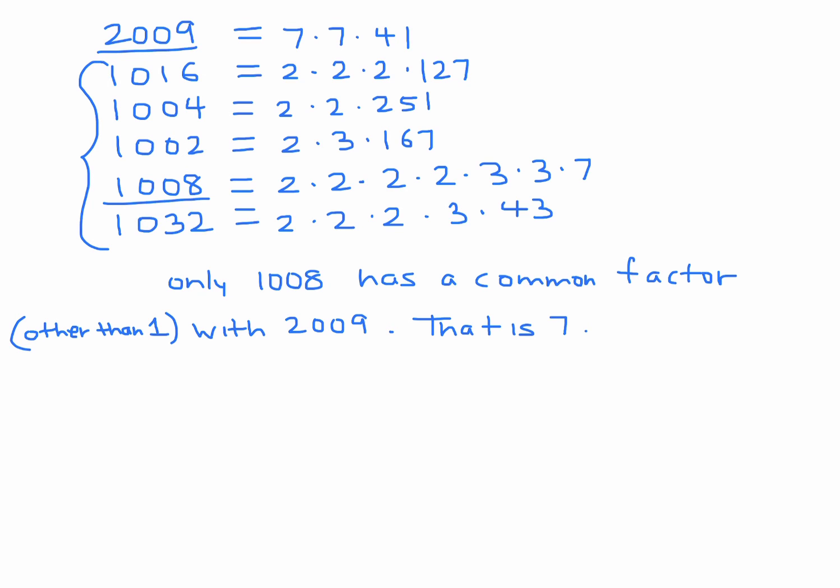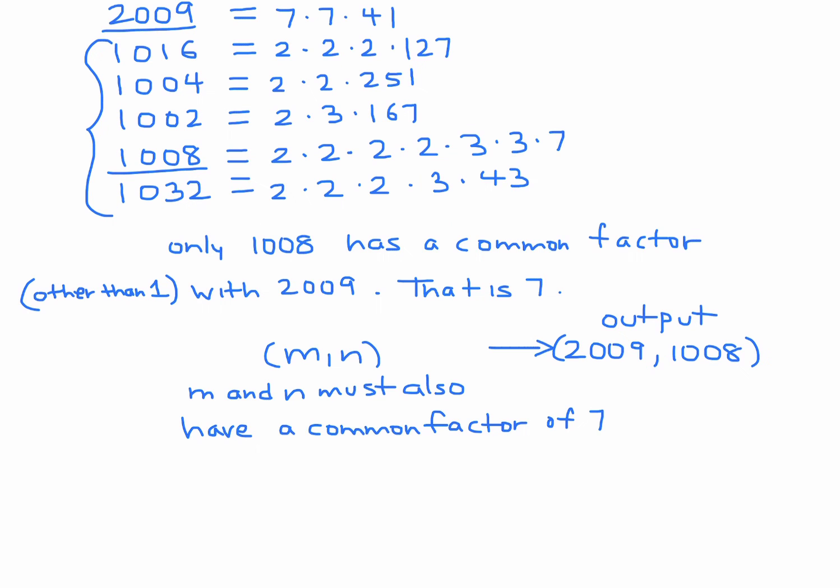Only 1008 has a common factor other than 1 with 2009, and that common factor is 7. So that means that anytime you're going to make 2009, 1008 as an output, the input, M, N, these 2 numbers must also have a common factor of 7.